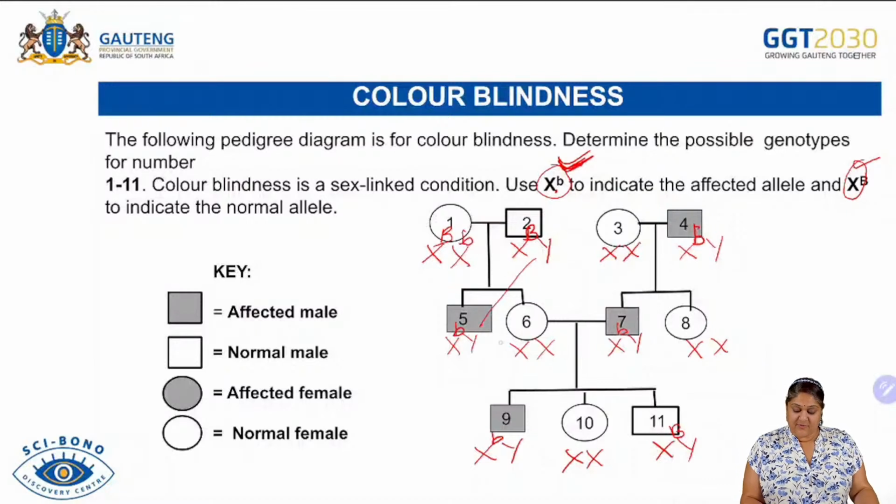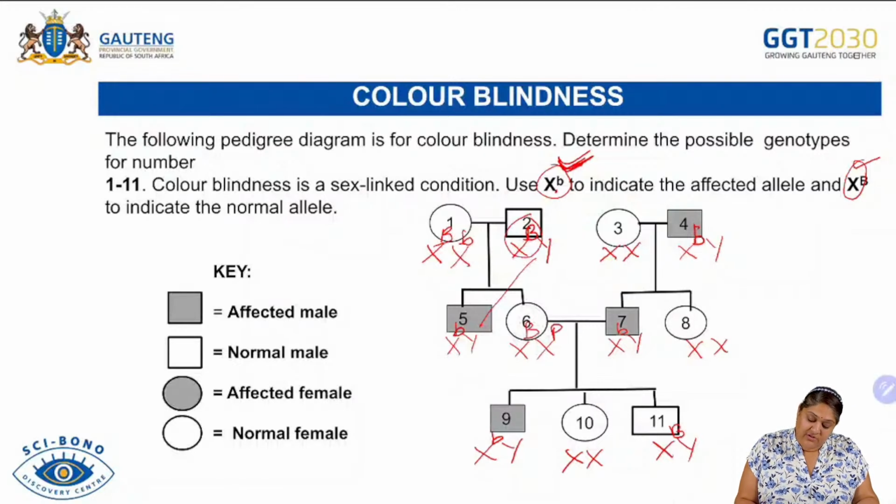Here we have this one, and this one is also unaffected. But now let's look at the female. Because the female must get an allele from the mother and the father, the daughter can obviously not get a Y from the father, because then she would be a son and not a daughter. So she could only have gotten this allele from the father. So we're going to have definitely one capital B over here.